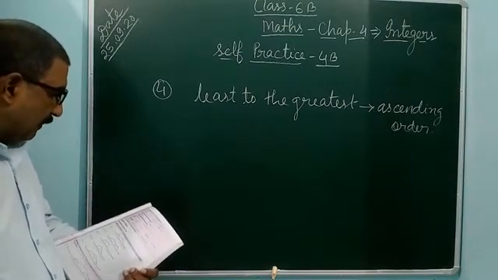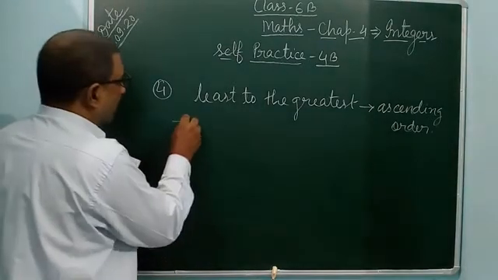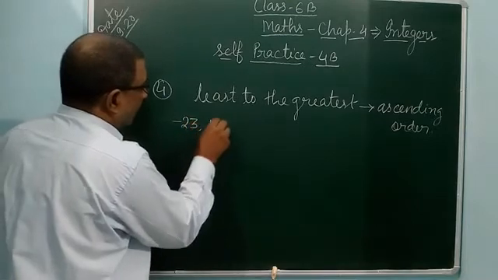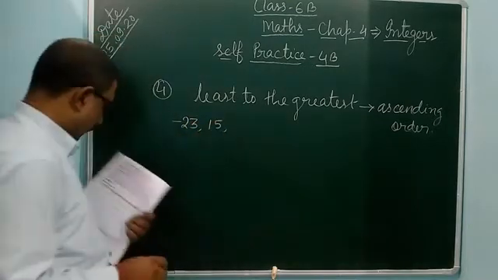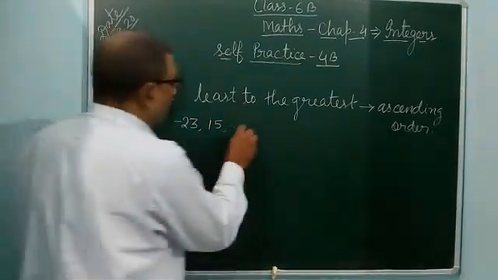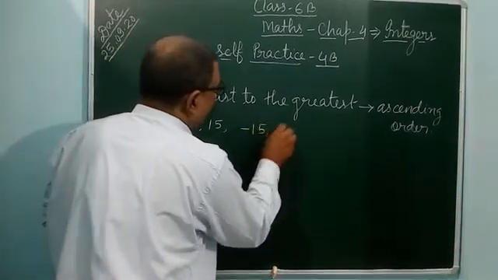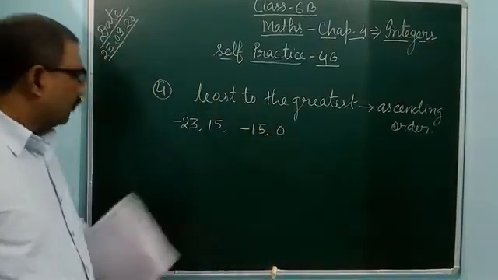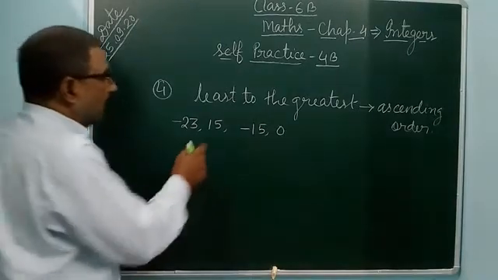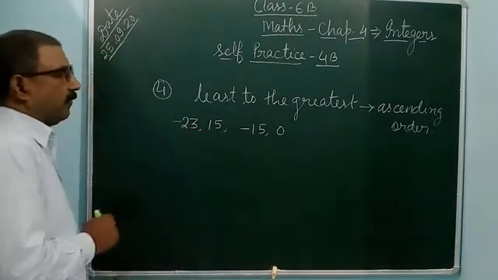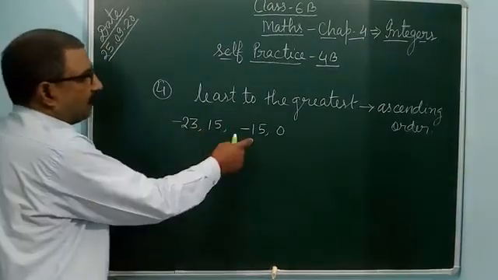minus 23, 15, minus 15 and 0. You see, this is plus 15 and this is minus.